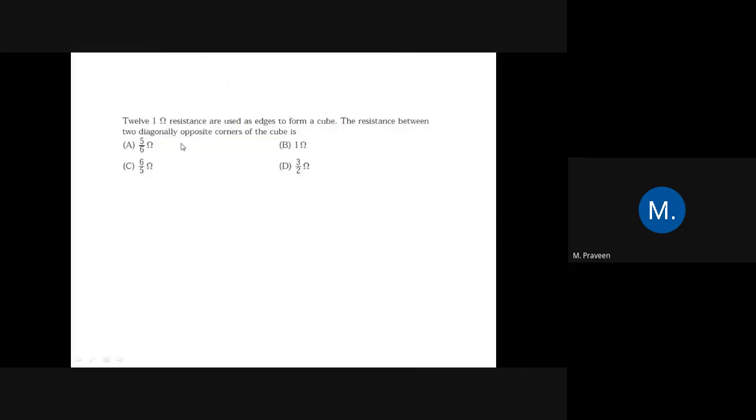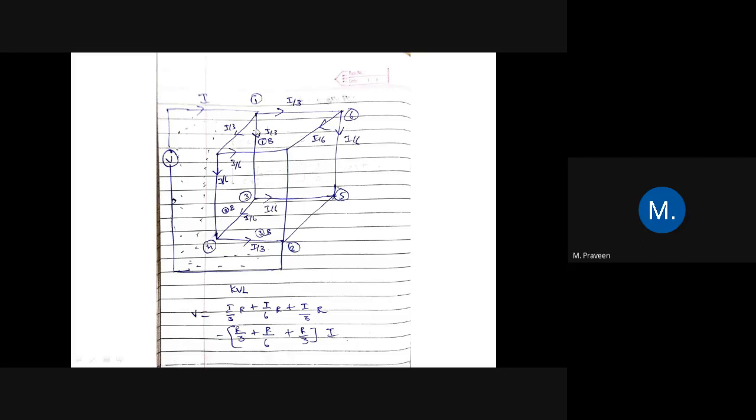Actually, we have to find the resistance between two diagonally opposite corners. This one is at the top, and this one, marked as 2, is at the bottom corner. So 1 and 2 are the opposite diagonal corners.